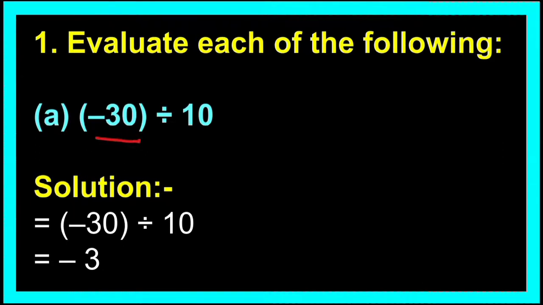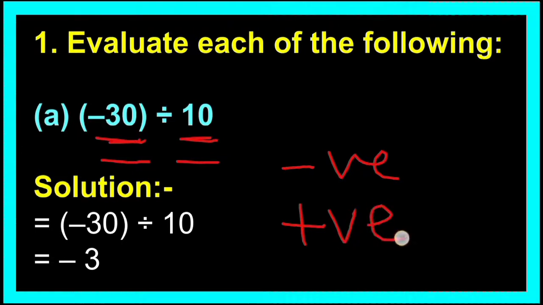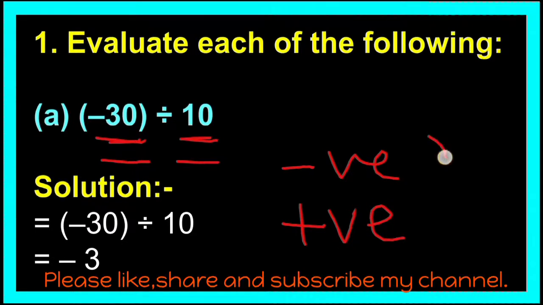Whenever one of the integers from these two is negative, then your answer will always be negative. Whenever both integers are negative, then your answer will be positive. So remember these two rules only.